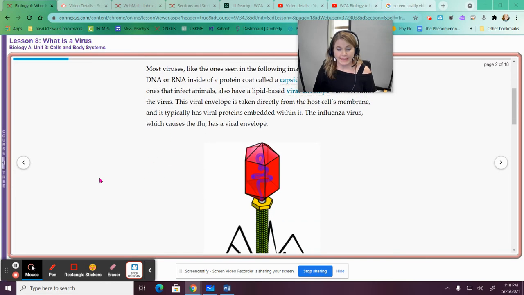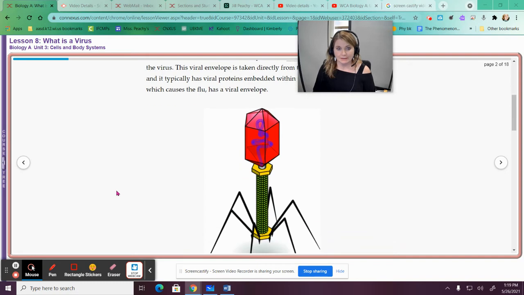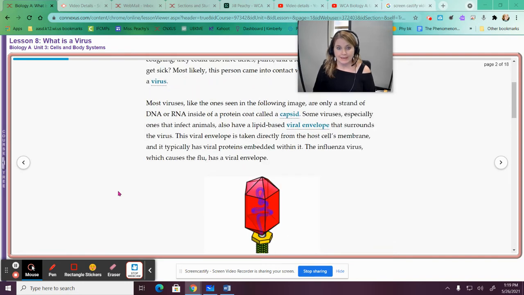A virus has genetic material inside of it, nucleic acid, which is DNA or RNA. It is then covered by a protein coat known as a capsid. And then some viruses have a lipid-based envelope called a viral envelope that surrounds the virus. According to the reading, this viral envelope is taken directly from the host's cell membrane. So it steals part of the cell membrane and encapsulates itself with it as it's, I assume, breaking out of the cell once it has killed the cell.